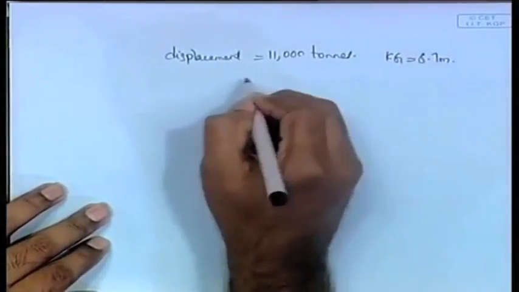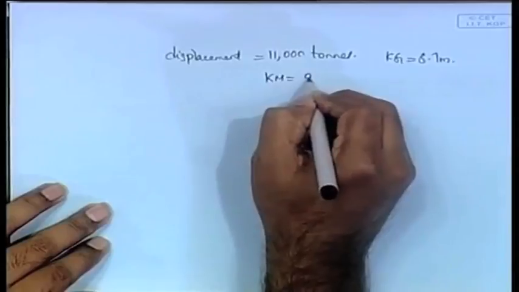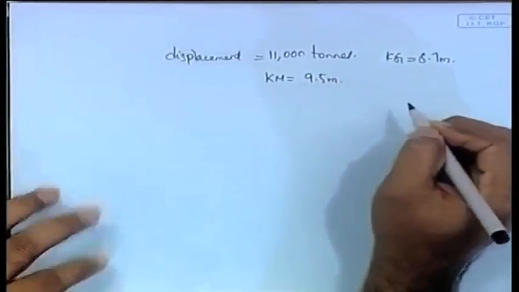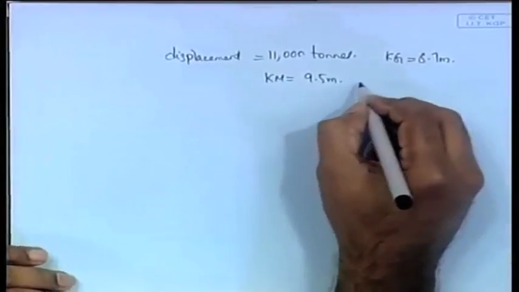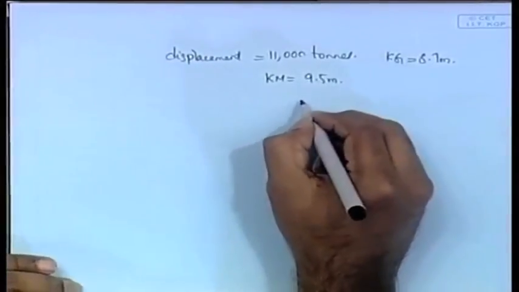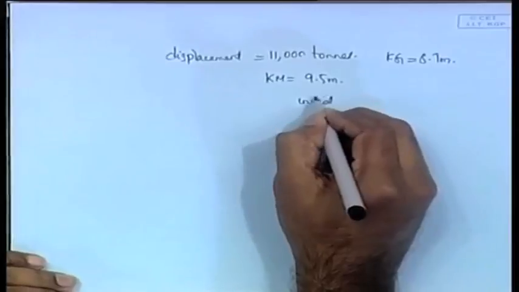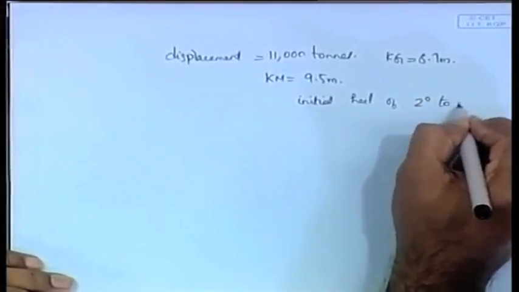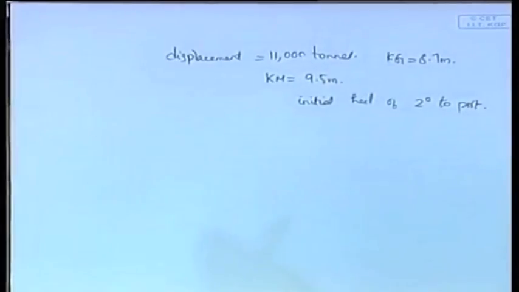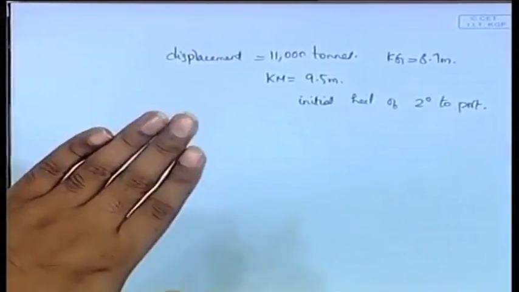It has a km equal to 9.5 meter, and it has an initial heel of 2 degrees to the port side. Port is this side; it is heeled like this when you are looking.